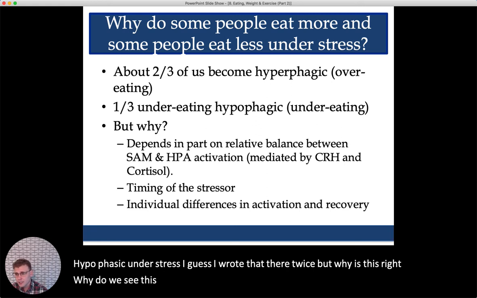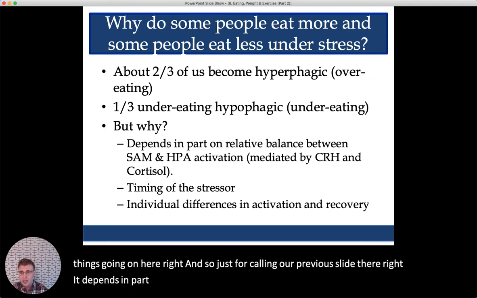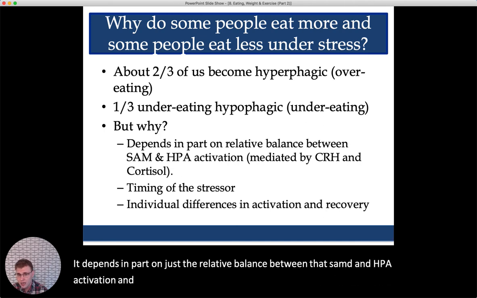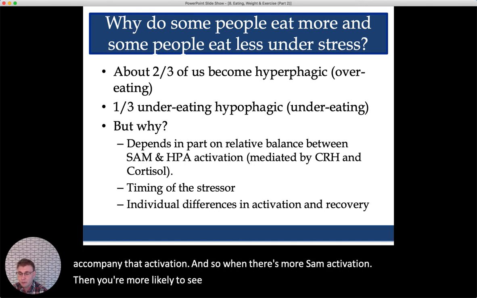And there's a few different things going on here, right? And so just recalling our previous slide there, it depends in part on the relative balance between that SAM and HPA activation and the relative amounts of CRH and cortisol that accompany that activation. And so when there's more SAM activation, then you're more likely to see that suppression of appetite.